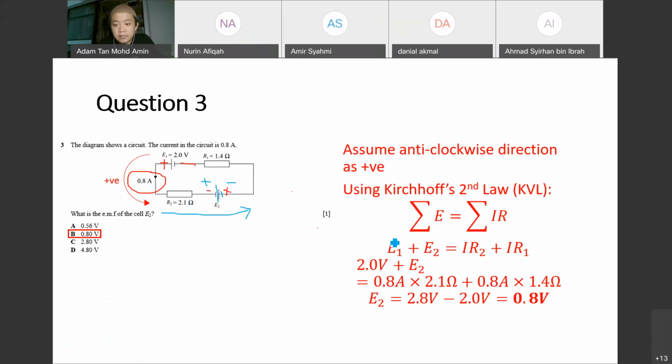So kat sini kita kena define, instead of E1 plus E2, it will be E1 minus E2. Minus E2. Ataupun sebenarnya E1 plus E1 dia akan jadi E1 plus juga sebab dia total sum kan. Kita letak dalam kurungan lah kalau nak more visible lah kan. Itu kat situ. Okay ke? Okay.